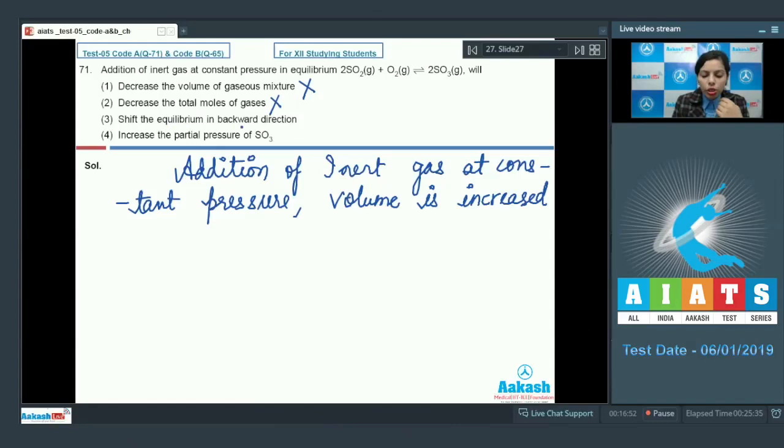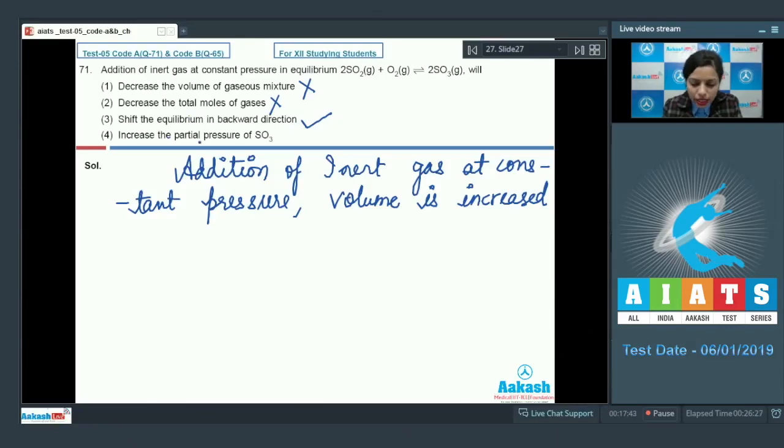Further, shift the equilibrium in backward direction. Now, if you are adding inert gas at constant pressure, it means volume is increased. So definitely the equilibrium will shift in that direction where the number of moles is increased. It means the equilibrium will shift in backward direction. And if it's shifting in backward direction, then the third option is correct.